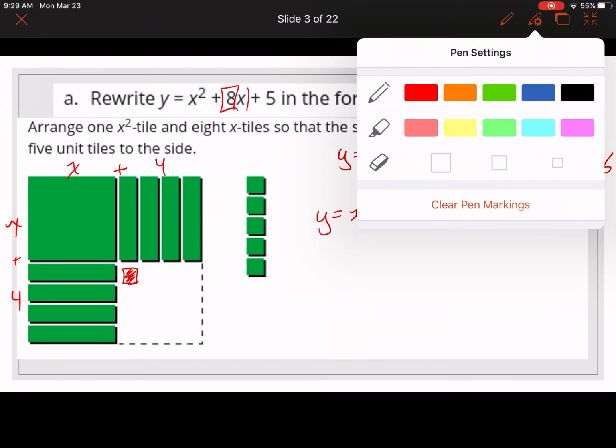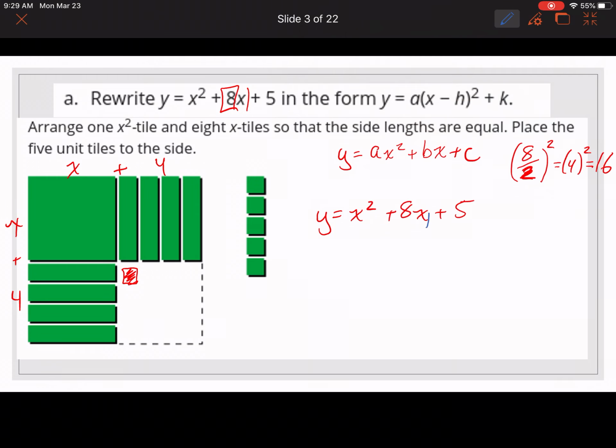So algebraically again, we want to separate into two groups, one section and the other section. We want to figure out how many ones we need in order to make a perfect square trinomial. And then we need to both add and subtract that number.